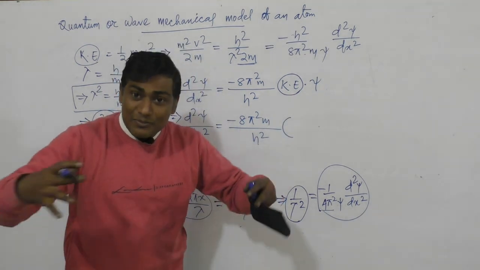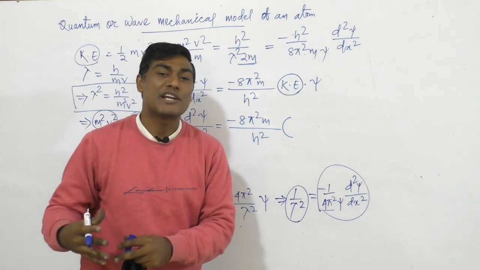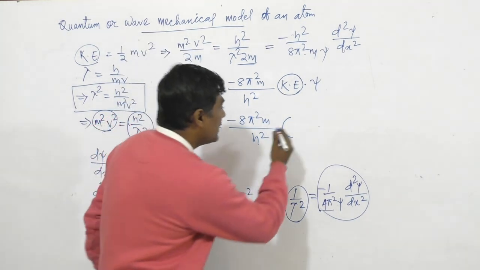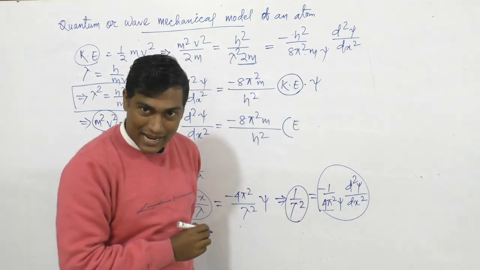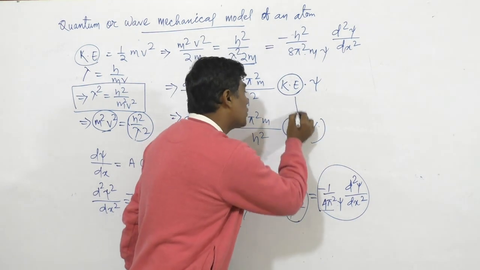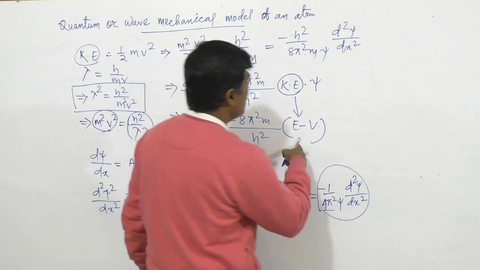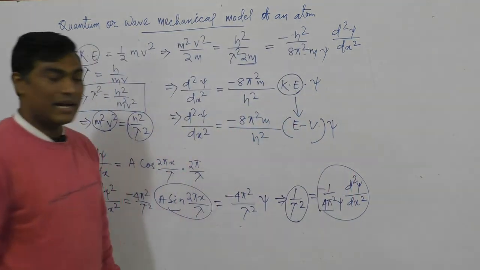The sum of the kinetic energy and potential energy gives you the total energy. If we subtract the potential energy from the total energy, that will give us the kinetic energy. So minus 8 pi square m by h square, E minus V, psi, right?